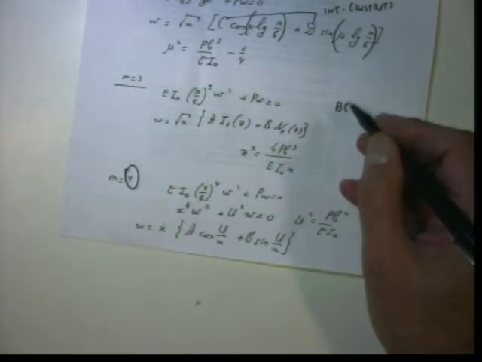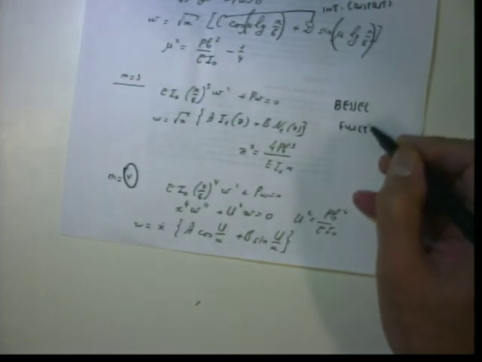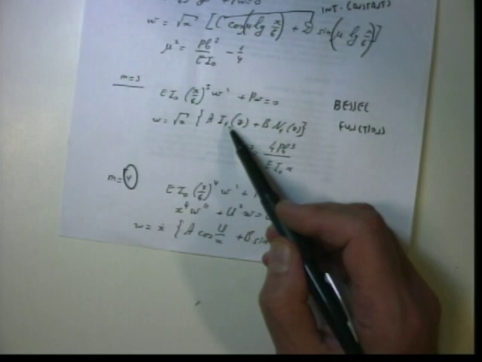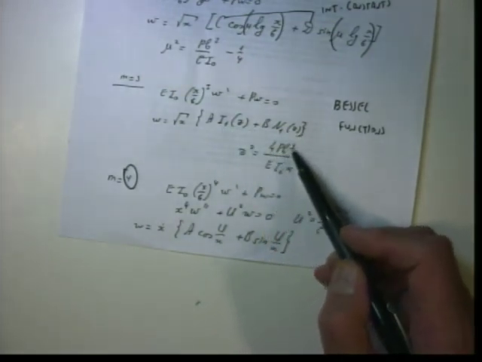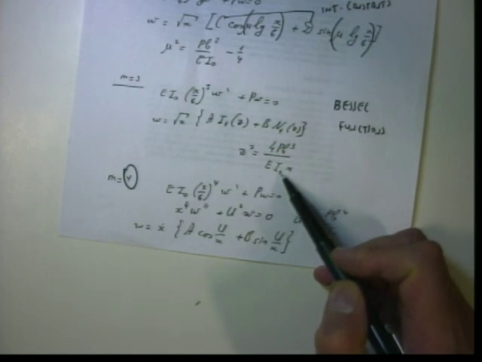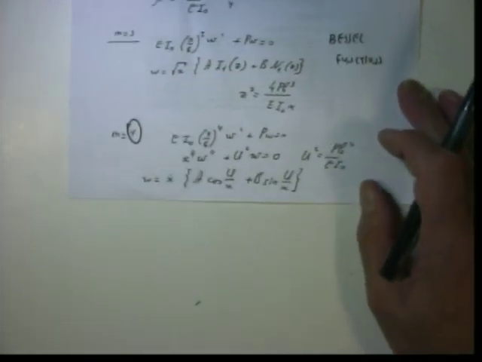M equals 3, also Bessel functions. I1 z plus N1 z, z equals 4pb cubed over EI0 times x.